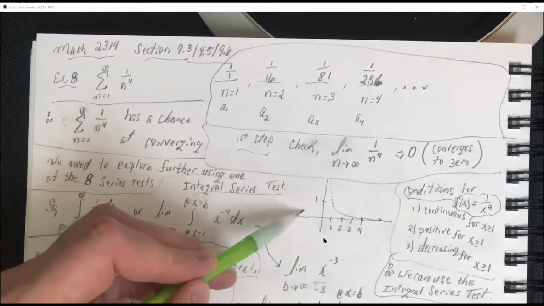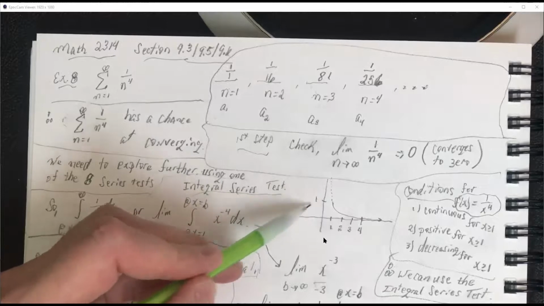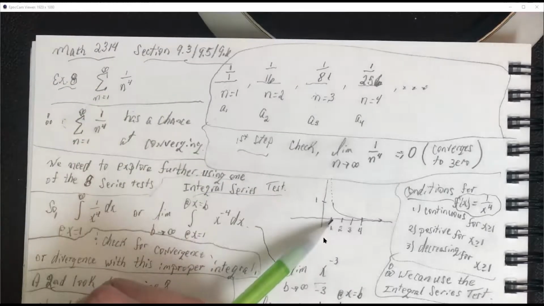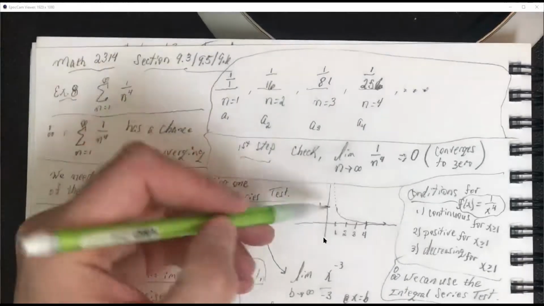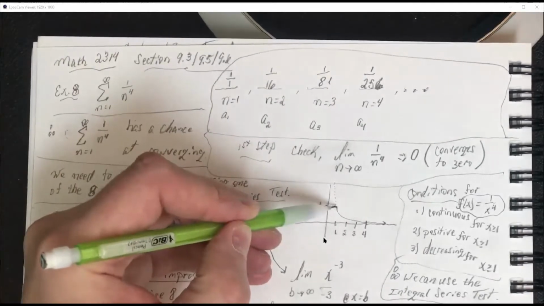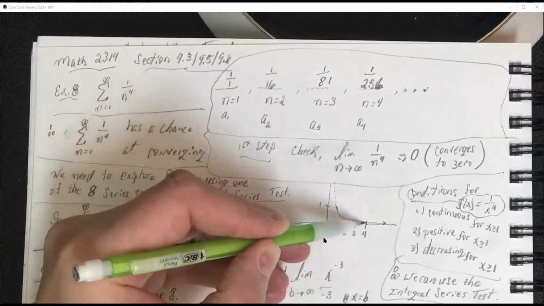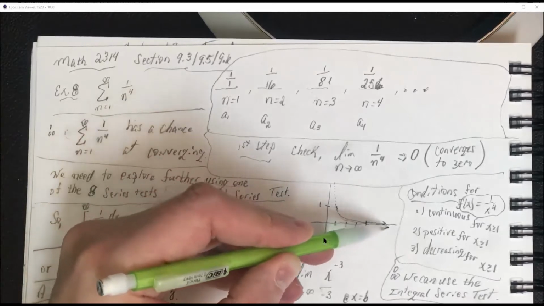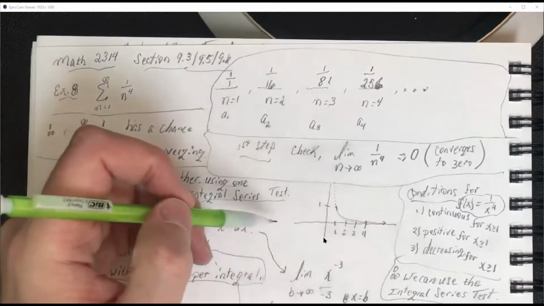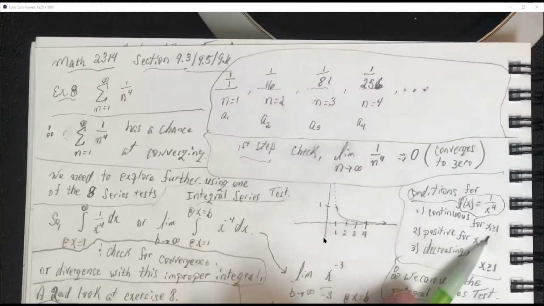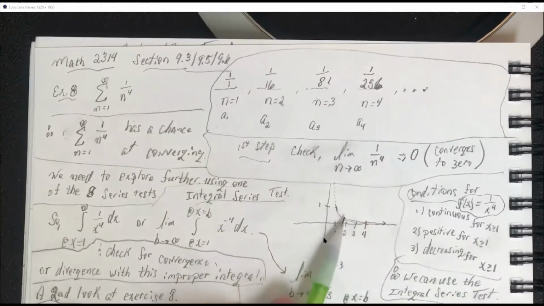By the way, this other piece is increasing, but we're not concerned about that. So starting at x equals 1, which is right here, the graph does go down, decreasing, but it never touches the x-axis. So now the conditions. It is continuous for x greater than or equal to 1. There are no vertical asymptotes.